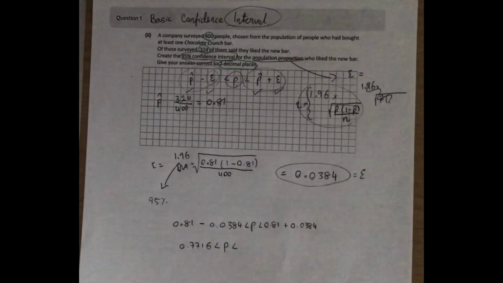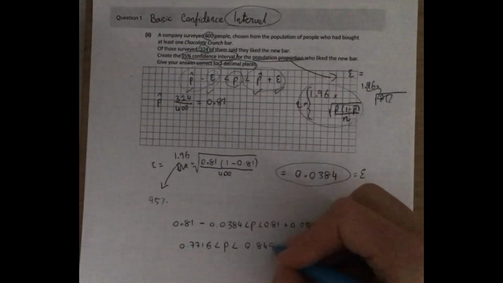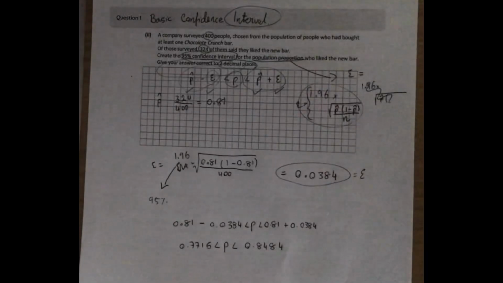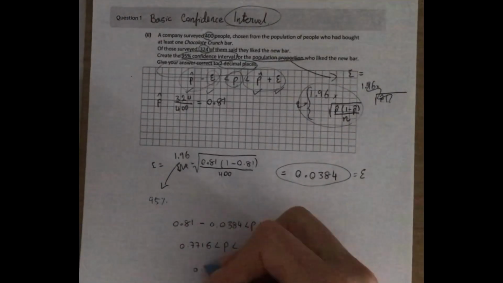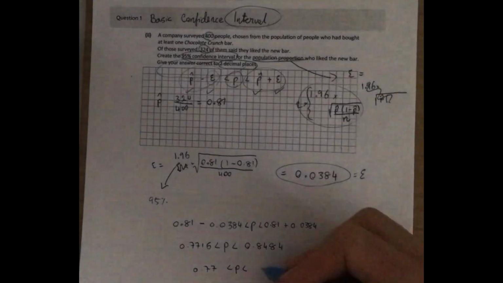So 0.81 plus 0.0384, and that will go to 0.8484. Now it did say give your answer correct to 2 decimal places, so we could change this to 0.77 is less than P is less than 0.84.